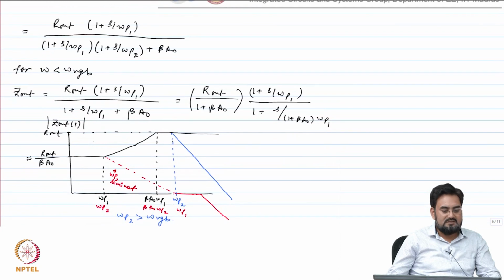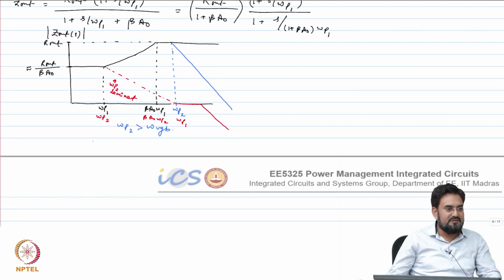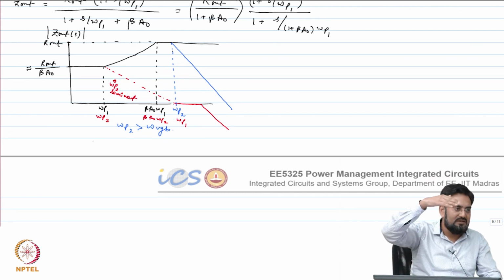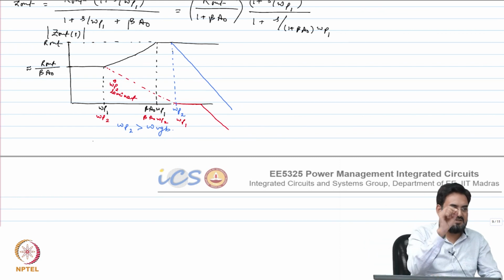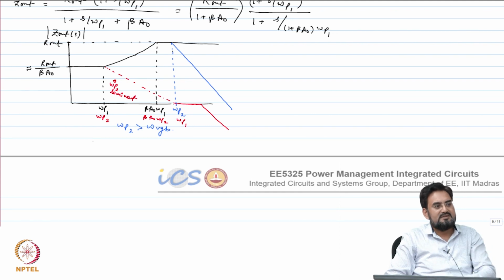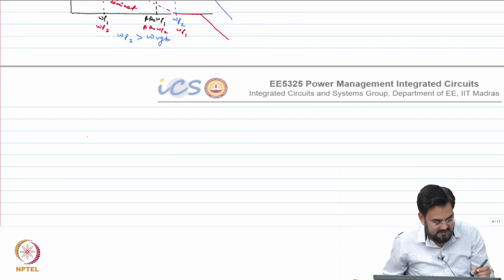Okay. So if you increase the beta A naught, you will see your UGB will fall at the same location because your omega p1 will also move in, and it will just coincide with the same graph ultimately. Okay, it will be like this.